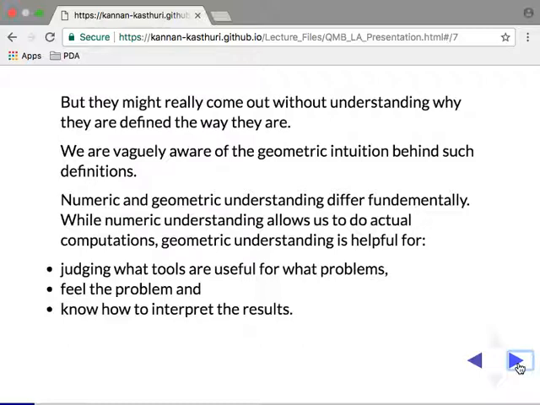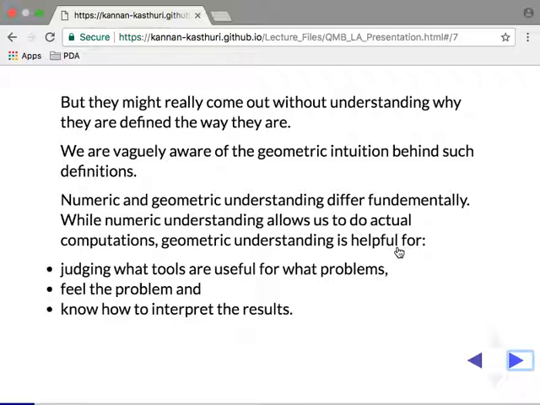We are only vaguely aware of the geometric intuition behind such definitions, and you have to see that the numerical definition of computing and the geometric understanding differ fundamentally. You can be asked to compute something and do it blindfolded, but they have a fundamental difference in our understanding.